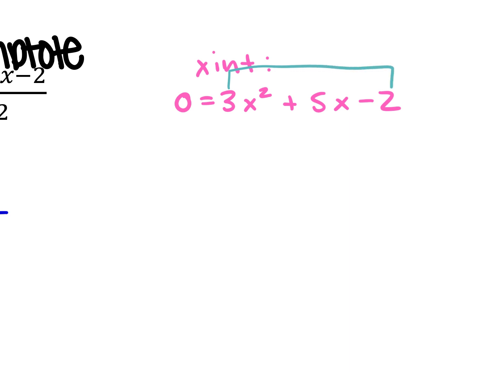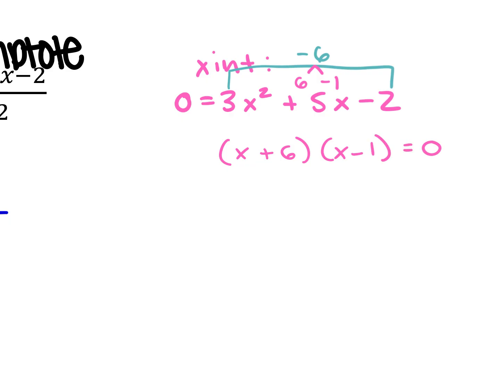Awesome. Multiply the first times the last, we get -6. What are 2 factors of -6 that add to 5? 6 and -1. Perfect. So we have x plus 6 and x minus 1.